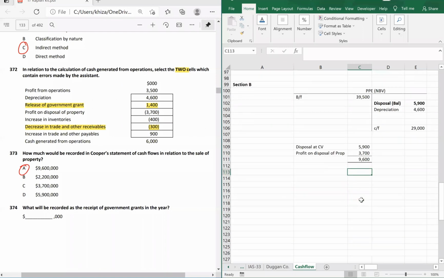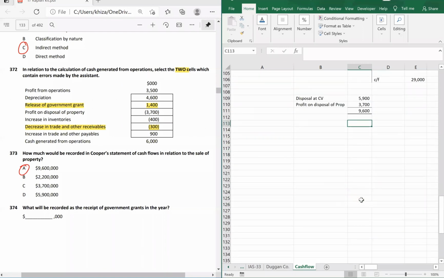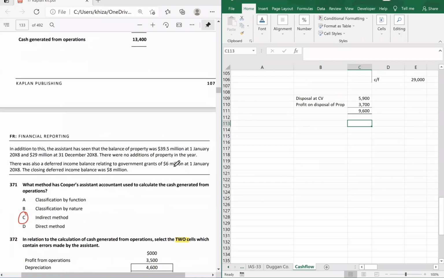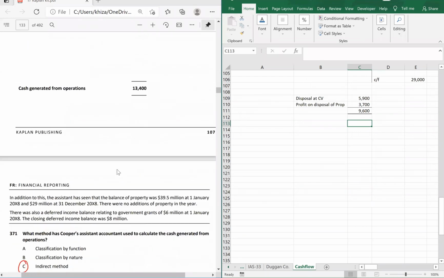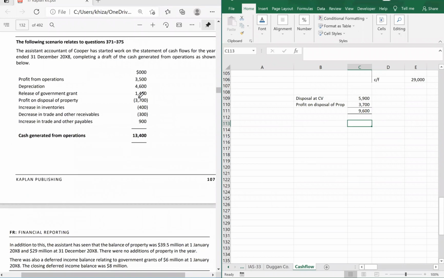What will be recorded as receipt of government grants in the year? You have 6 million at start, 8 million at end. The release is 1.4. So I guess 9.4 minus 6, 3.4. There you go.